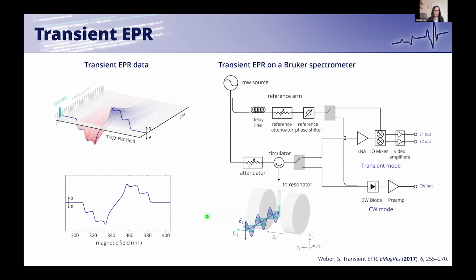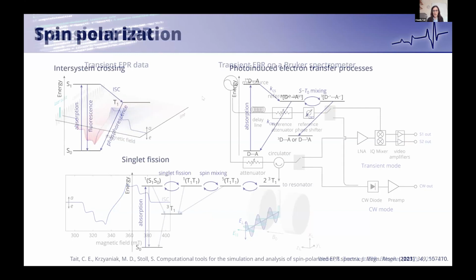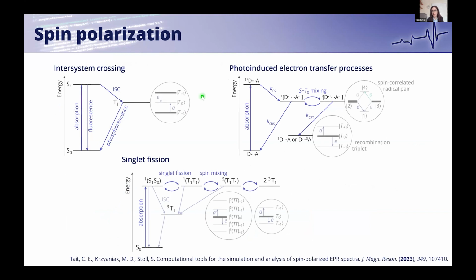Okay, so going back to the spin polarization, the reason these different sublevels aren't populated according to a Boltzmann distribution, but have a spin polarization, is that the different mechanisms are typically selective for one or more sublevels.